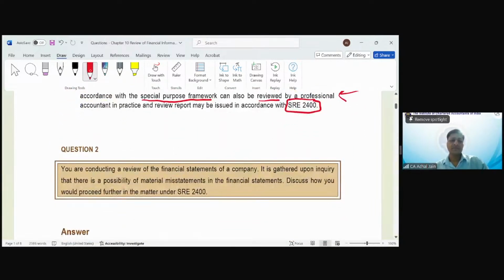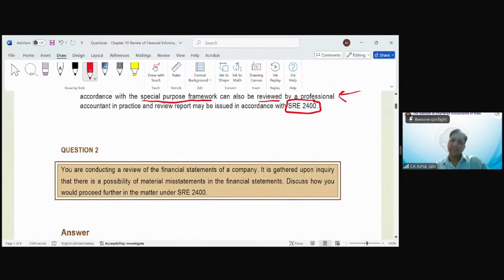Here, sir, 800 is also applicable, sir. Yes, but 800 will apply when you are getting into audit. Sir, this is not the audit. This is a review. Hence, 800 will not be applicable. Correct. That's why 800 will apply when it comes to audit. Otherwise, you will mix up two things.